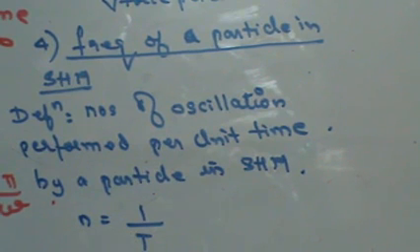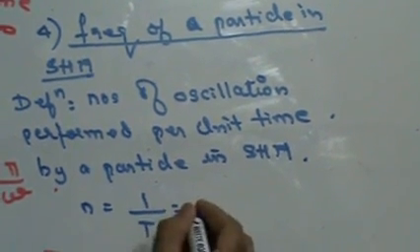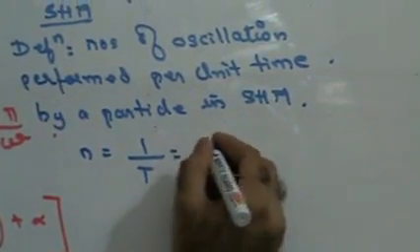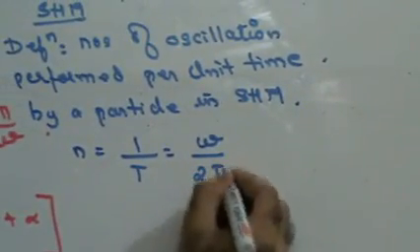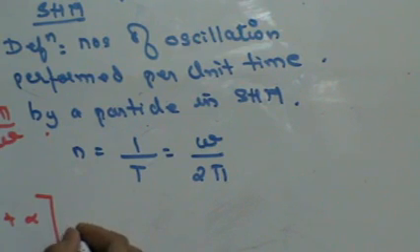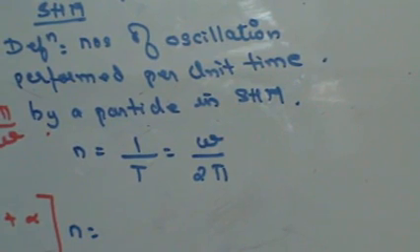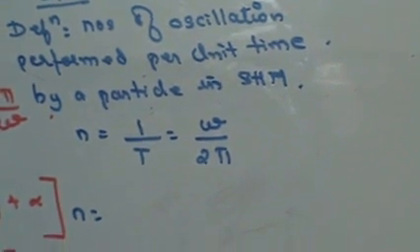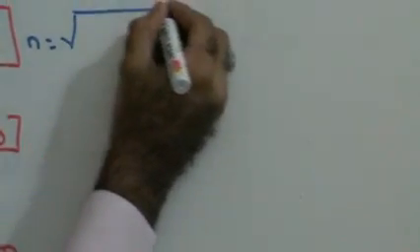Right? But we have already said that T is equal to 2 pi by omega, therefore frequency will be omega upon 2 pi. Right? Thus, I can say that n is equal to omega upon 2 pi. We have derived that omega is square root of acceleration per unit displacement.